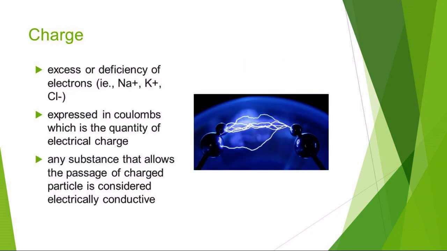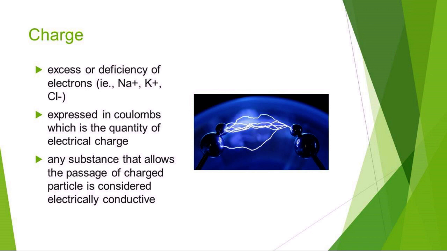Charge, in and of itself, is an imbalance in electricity in the body. So it's an excess or deficiency of electrons. And in our body, it's carried by electrolytes, dissolved ions: sodium, potassium, chloride, calcium.